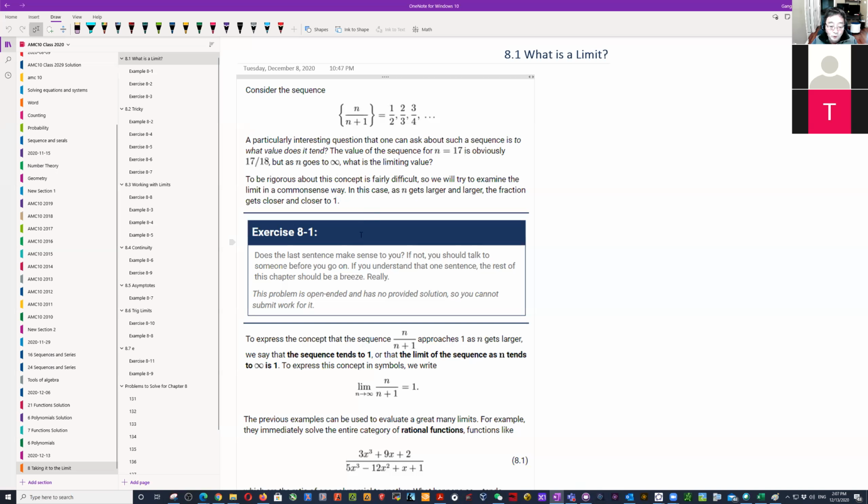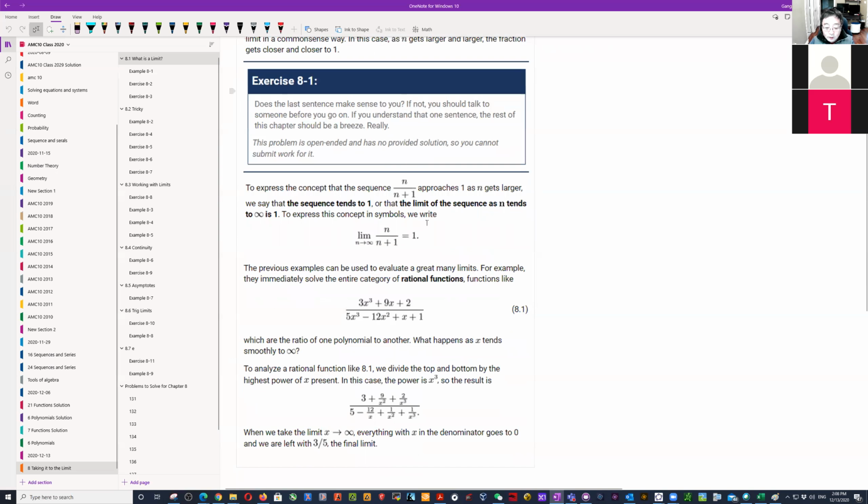Limit means a trend: when the subindex goes to infinity, what the number sequence tends to. For example, the limit of this sequence as n tends to infinity is 1.